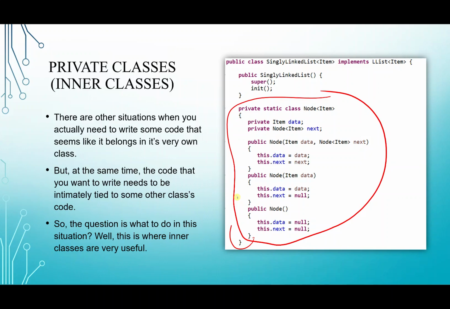It's not just because we said we are not going to use Node anywhere else, but also that it adds some kind of tightness to this class. So those two classes, the inner class and the outer class, are intimately tied. So the question is what to do in this situation. Well, here is where the inner class comes in.